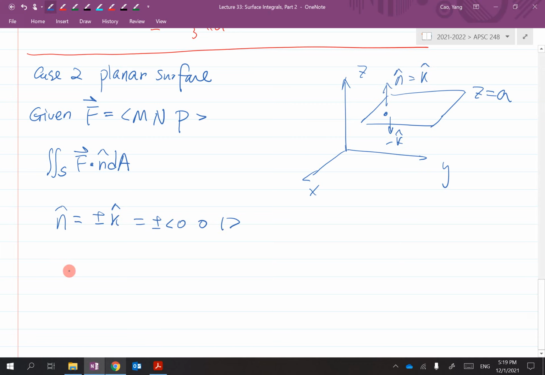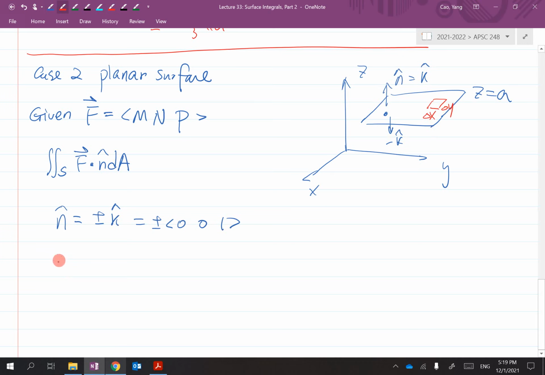All right, so next is dA. dA in principle is a very small patch of area on the surface S. So if I take a very small patch of area on the surface S, then this is parallel with the xy plane. So technically, one side can be delta x, the other side can be delta y.